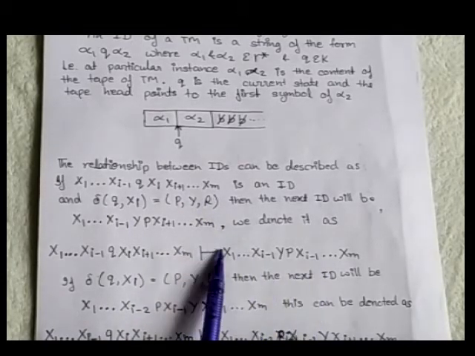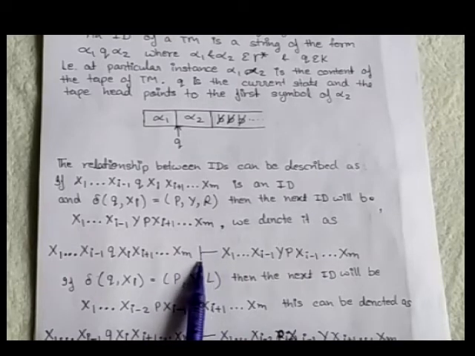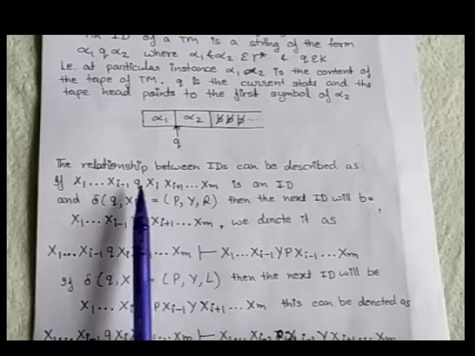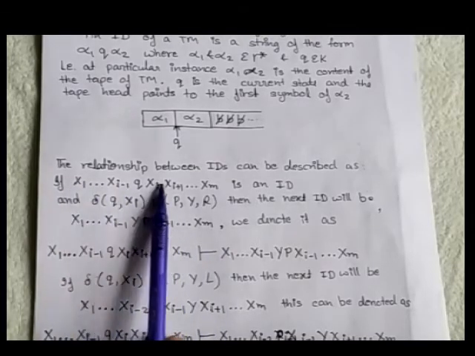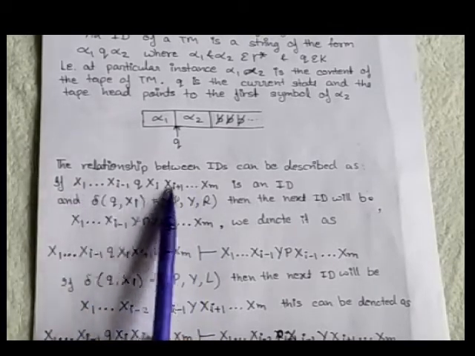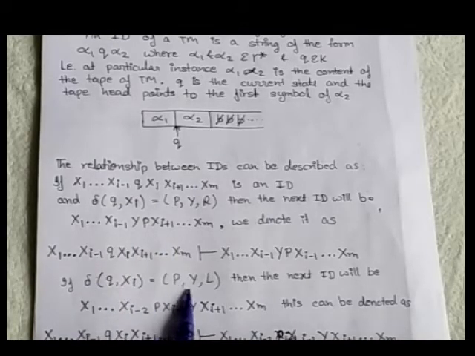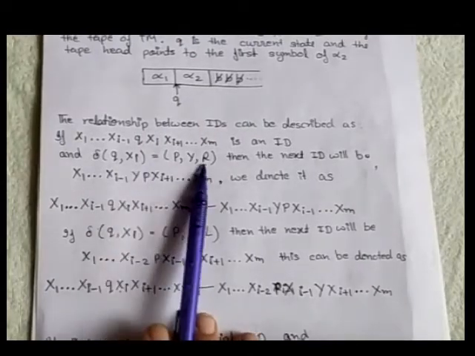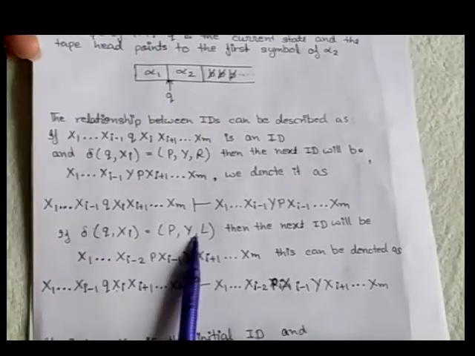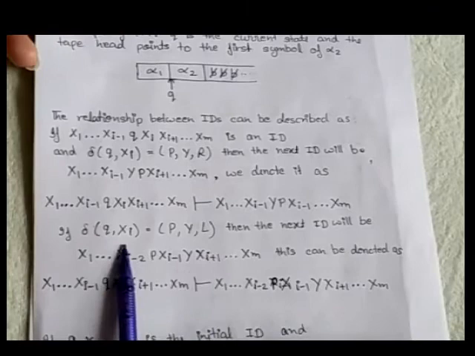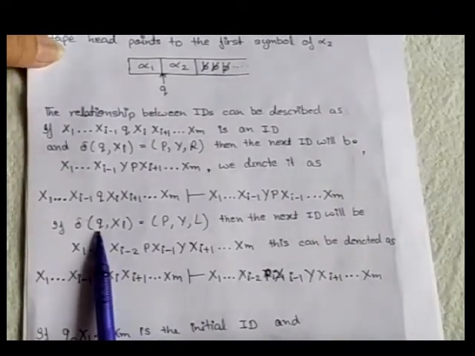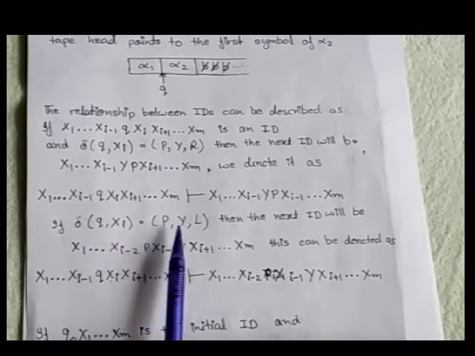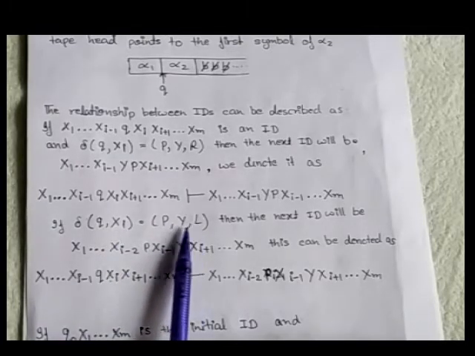This symbol is used to represent the relationship between two IDs. Now suppose this is the current instantaneous description and this is the transition. Earlier we were moving to the right, but in this case we are moving to the left. So we are at q, we read xi, we go to p, we replace it by y, but we move to the left.